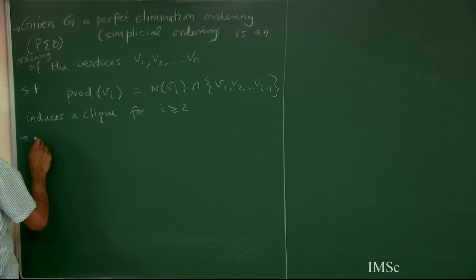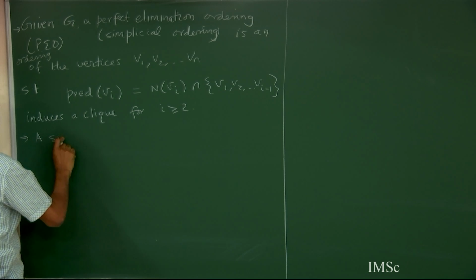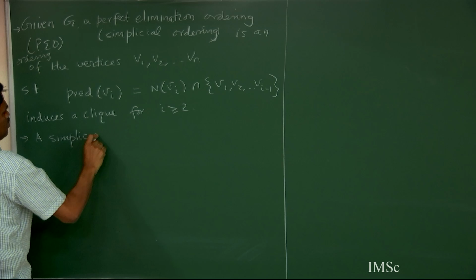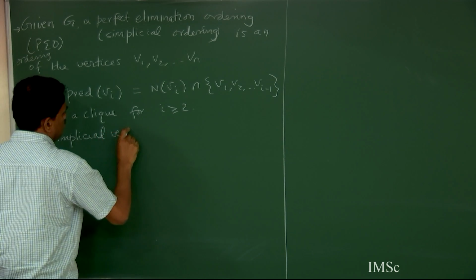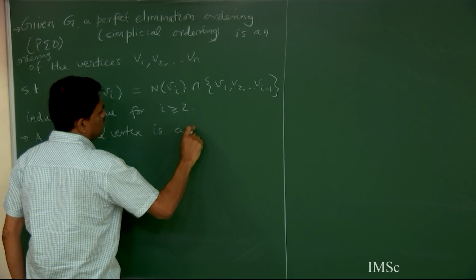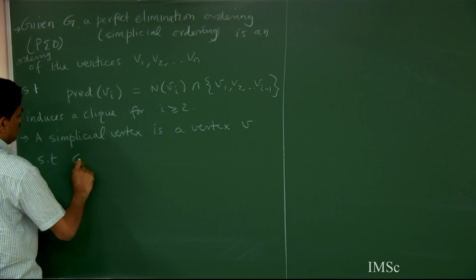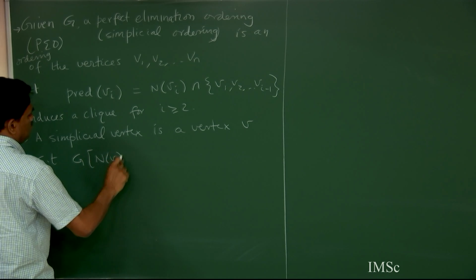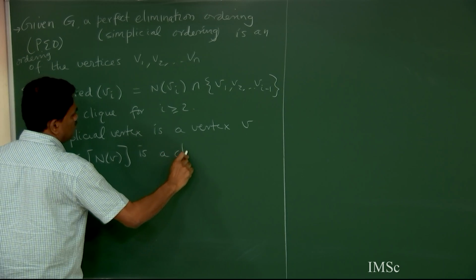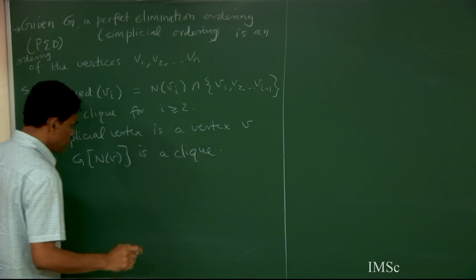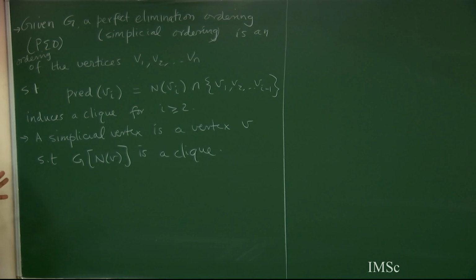Let me also, I am not sure I defined this, a simplicial vertex is a vertex whose neighborhood induces a clique. Clearly, if the graph has a perfect elimination ordering, it should have a simplicial vertex, right?